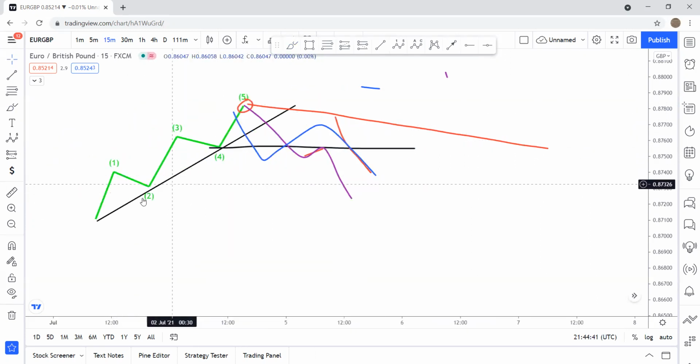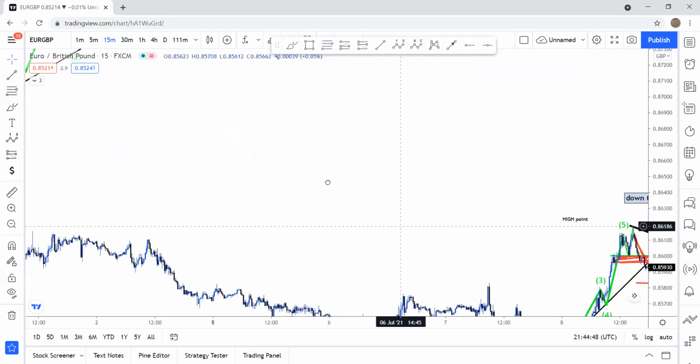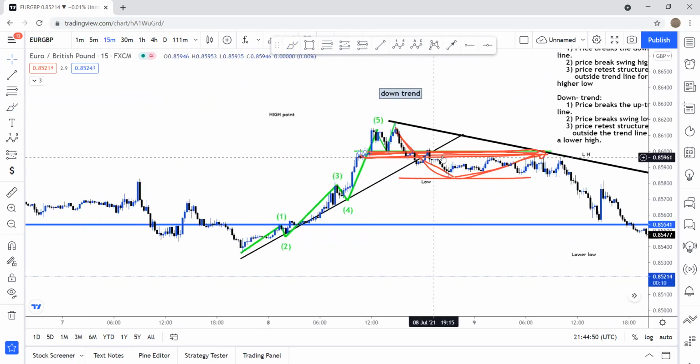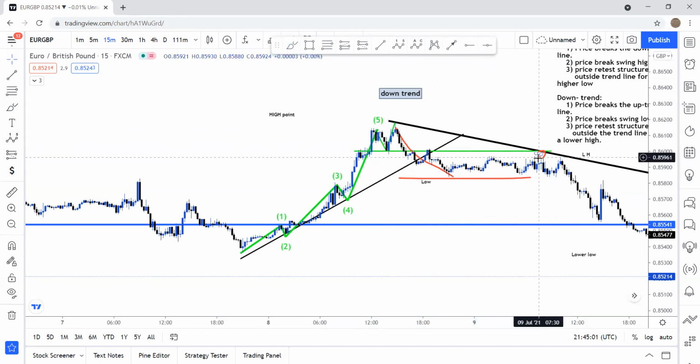But what I want you guys to understand is that the retest is still outside this trend line. It's still outside this black line. So if we go back down, I don't know if this is a lot of mess. I might have to clean that up. So what I want you to understand, price is either going to do these two things.